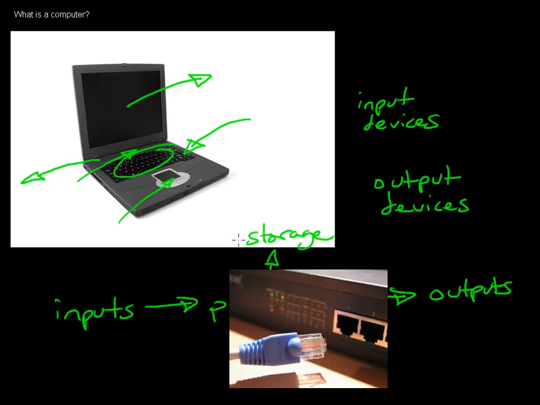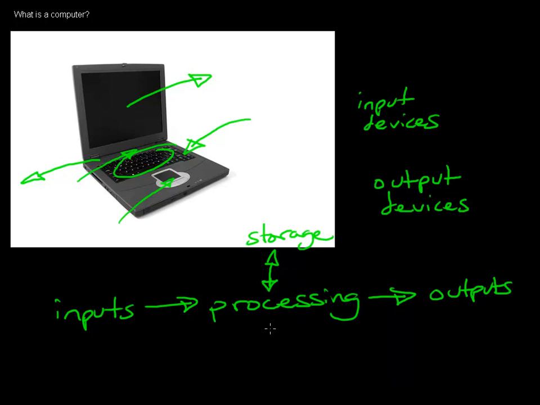We can plug a computer into a router, and then we can plug other computers into that router, and that allows us to have communications. So with network devices, we can perform communications. And so we can have another double arrow that we can also communicate with network devices.